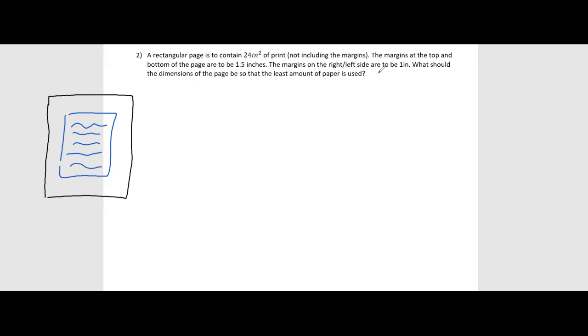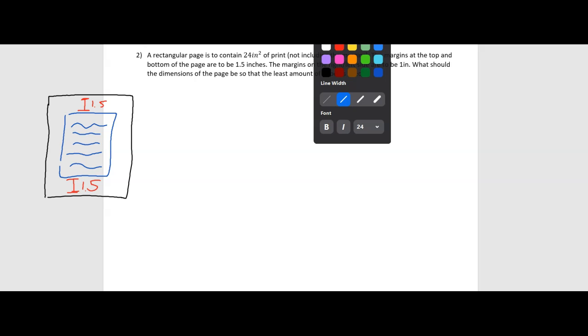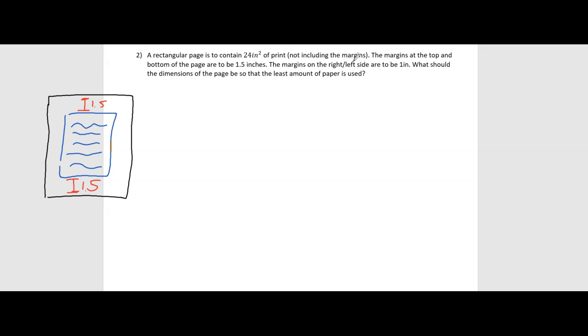It does say the margins at the top and bottom are to be 1.5 inches. I'm going to leave off units for now. We will make sure to have those in our final answer. And the margins on the left and the right side are going to be 1 inch.